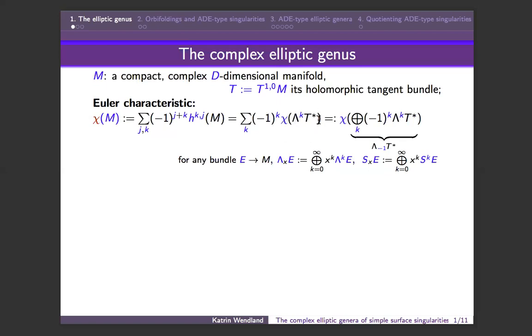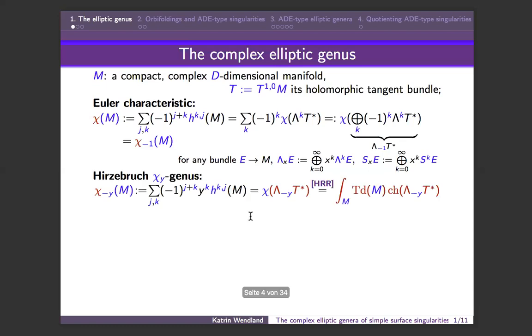We can keep track of all these separate integers by changing our definition, by changing the -1 here into a -y, which now is a formal variable. I've introduced it here. So (-1)^k everywhere has been replaced by (-y)^k. So this way, I view this as a polynomial in y, and all the coefficients are interesting because all the coefficients are then essentially these holomorphic Euler characteristics that I might be interested in.